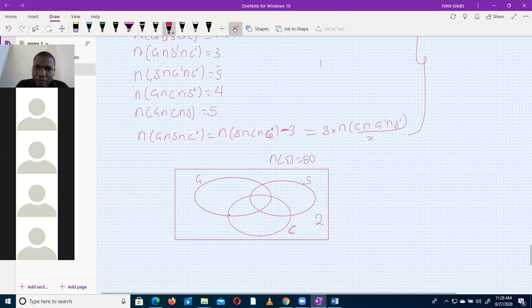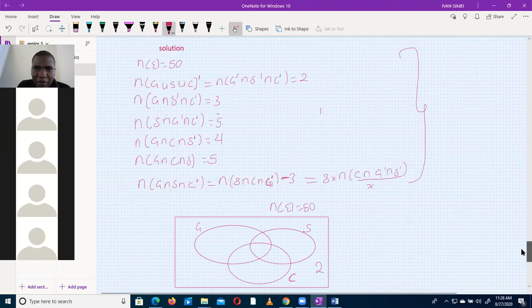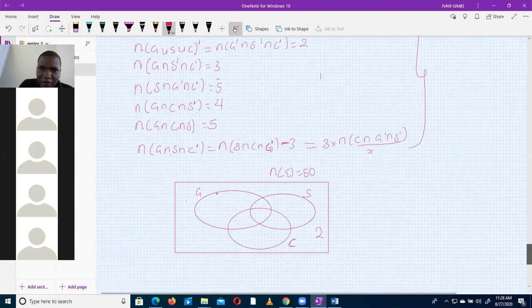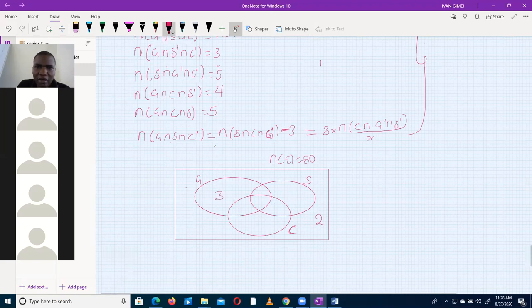Now we have 2 here, and those are the ones who came with nothing. 3 came with graph books only. Then 5 came with mathematical sets only. Then these ones came with G intersection C but not S. Where do we write this?